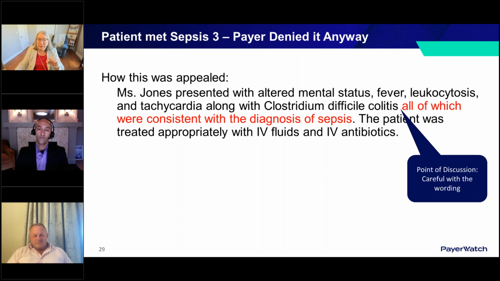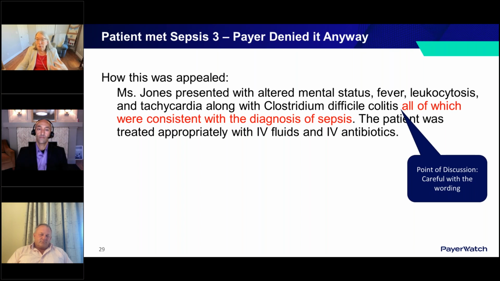But you can still say that she presented with altered mental status, fever, leukocytosis, tachycardia, C. diff, colitis, all of which were consistent with the diagnosis of sepsis. I'm not saying that she met step 3, or that the altered mental status was the organ dysfunction that supports step 3, because the physician didn't pull it together. So I just want to point that out.